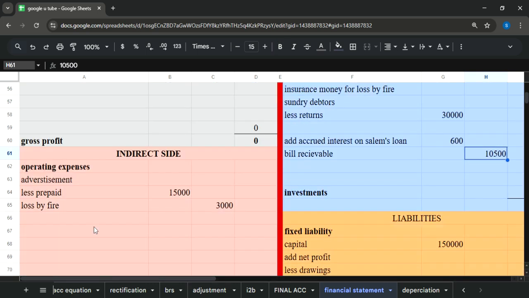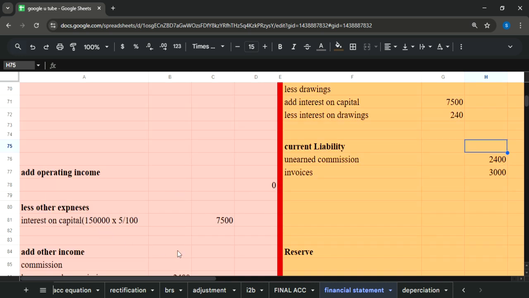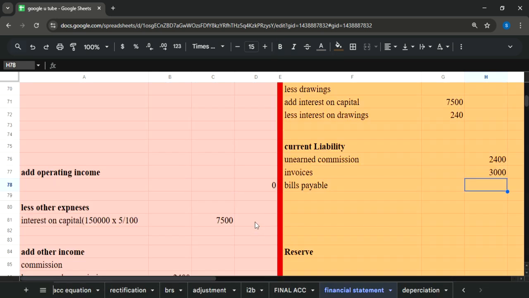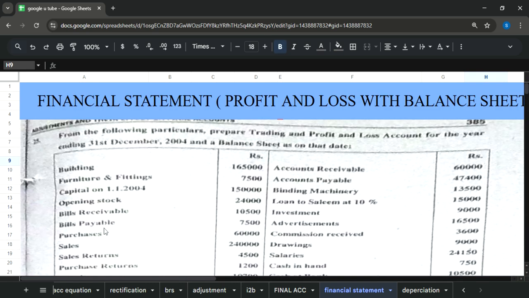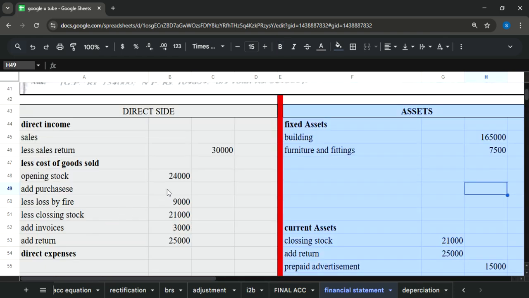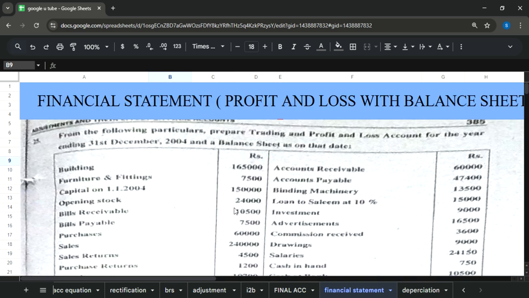This is your current liability, and you will choose this side, and it was bills payable. Let's post the amount, which is 7500. After bill payable, we have purchases. Place of purchase is also fixed. Here you will write 60,000 amount of purchases. Look, purchase 60,000.